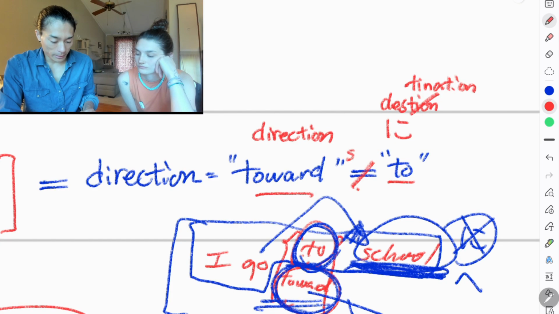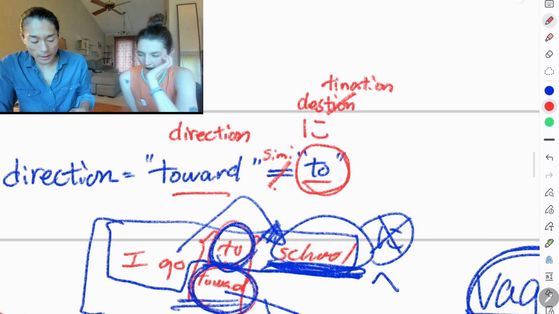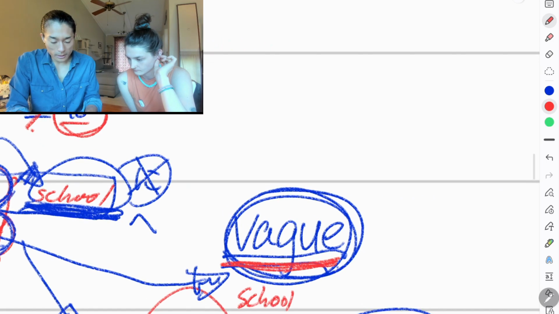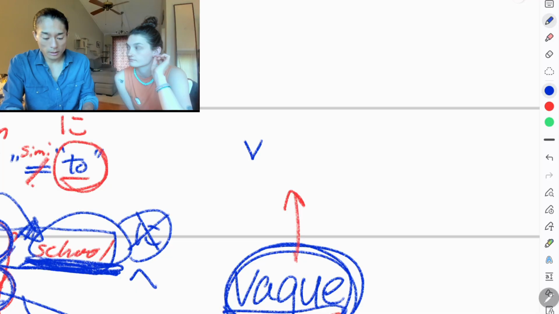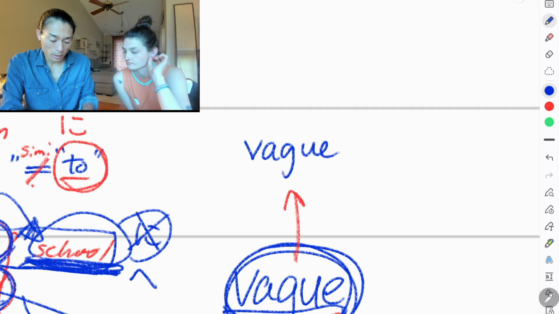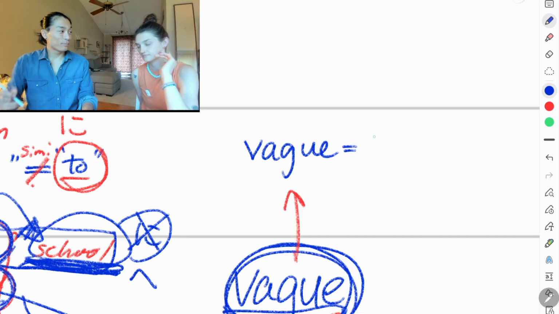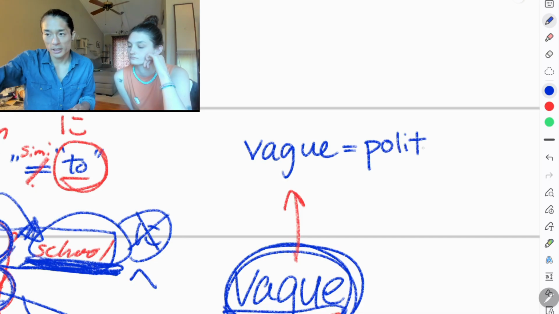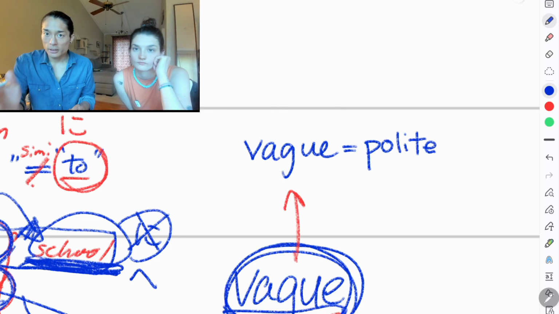It's similar, right? What's the difference then, you might ask? Vague. This is important. I have shared this before, I think, but in Japanese culture, generally, the more vague you are, the more polite. Like, we go in a roundabout way of talking to people. Directly talking is considered sometimes rude.